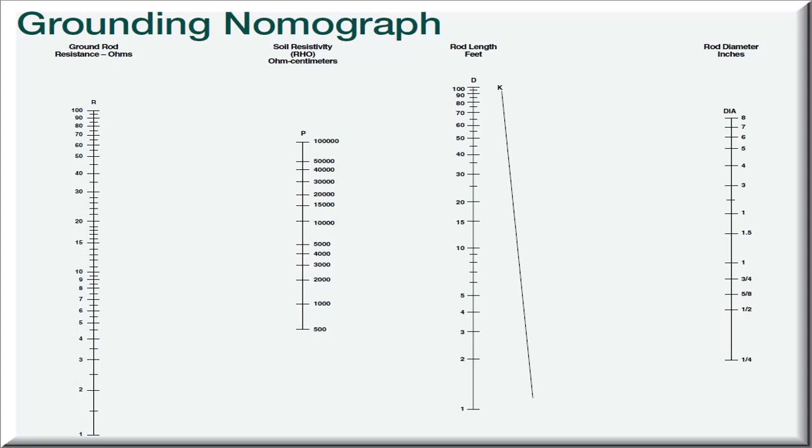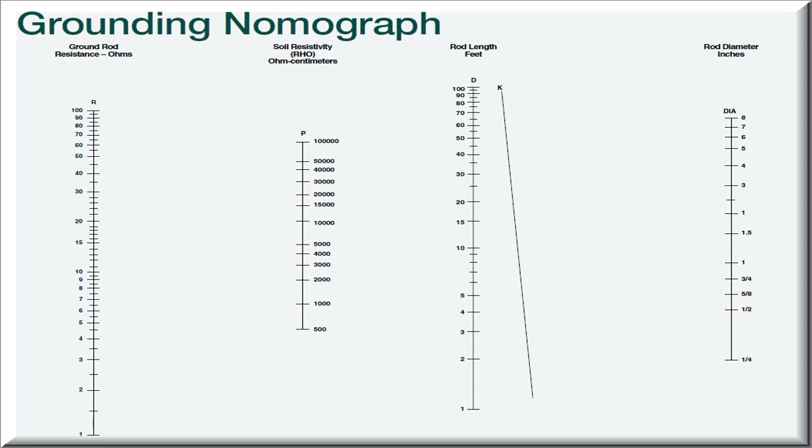Let's calculate the depth needed for a new ground rod installation. For this, we will use a calculating tool called a nomograph. To begin with, we need to make a few decisions. First, what is the desired grounding electrode resistance needed? Second, what is the diameter of the ground rods we will use?